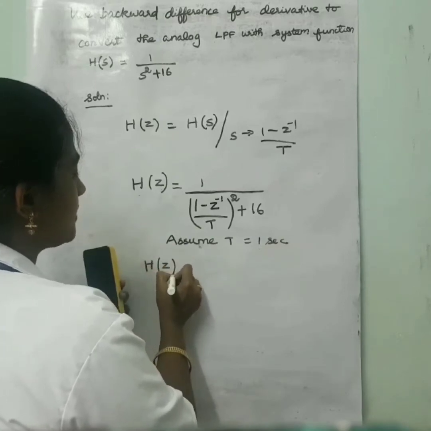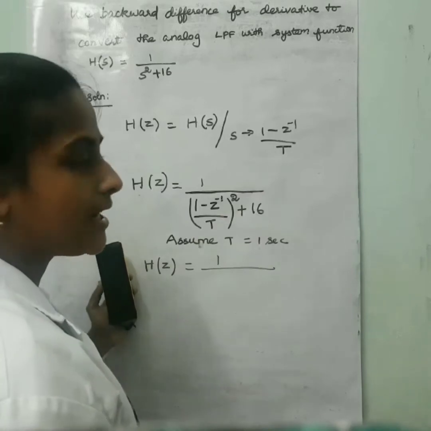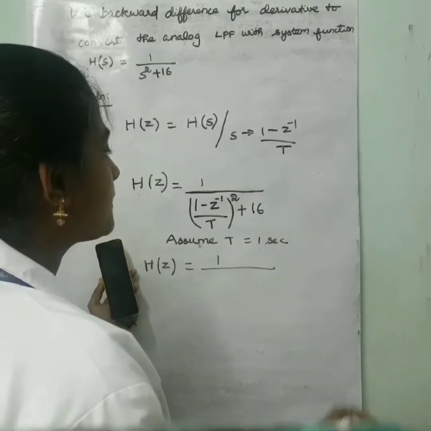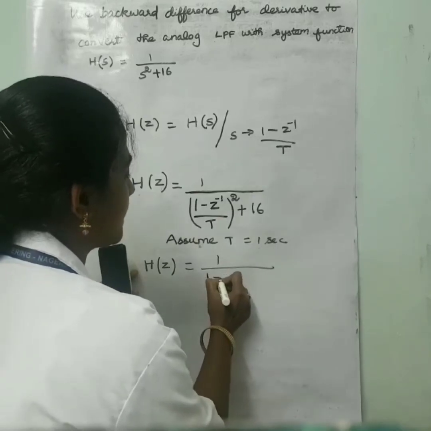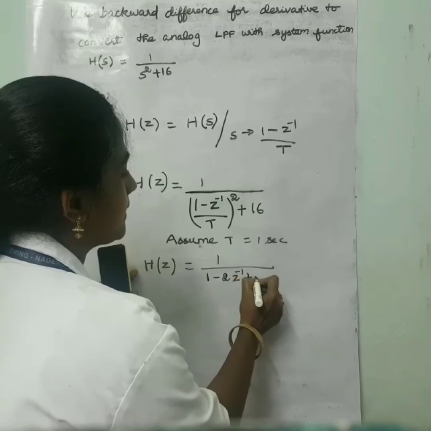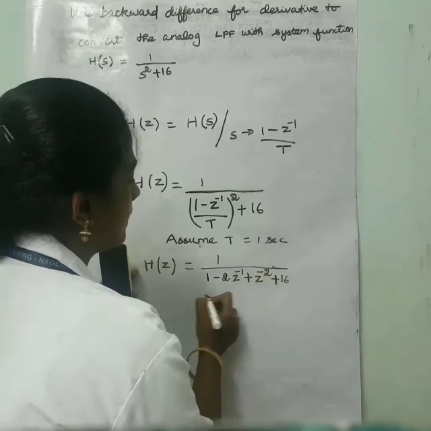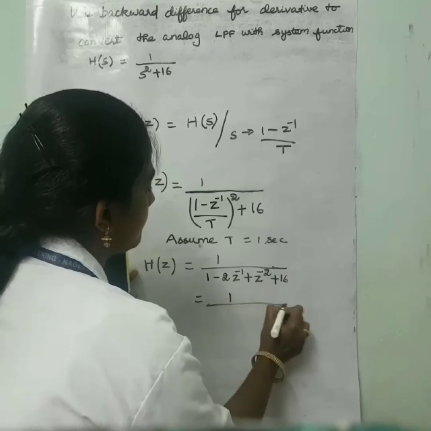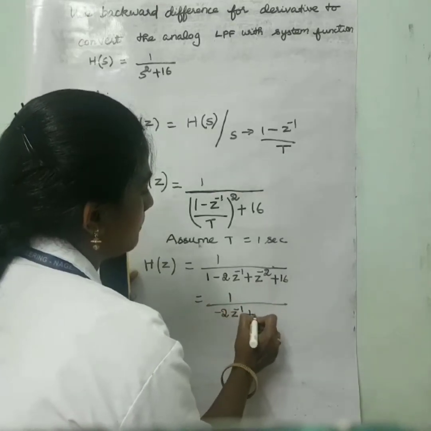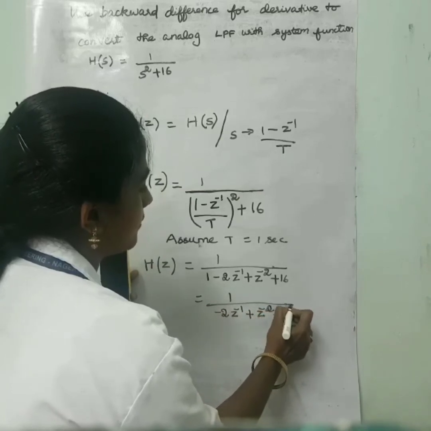H of z is of the form a minus b the whole square, so you can write a square minus 2ab plus b square. So 1 minus 2 z power minus 1 plus z power minus 2 plus 16. In the next step, minus 2 z power minus 1 plus z power minus 2 plus 17, that is 16 plus 1, 17.